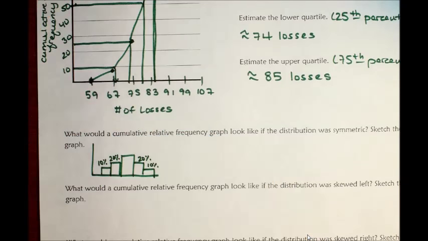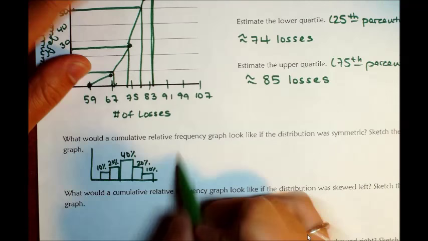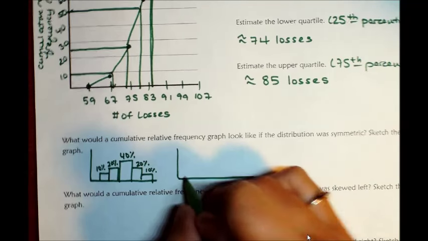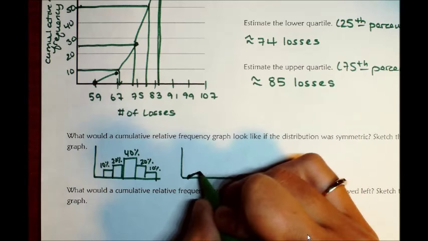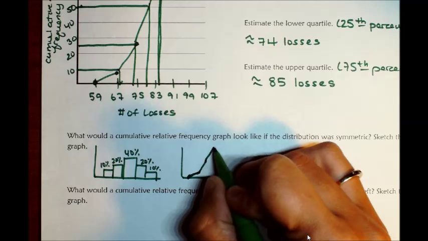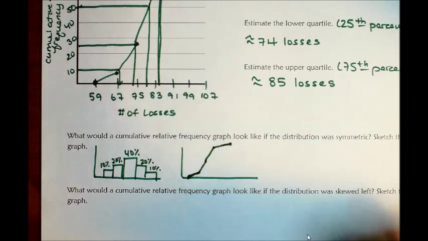So imagine if you were going to make a cumulative relative frequency graph instead, you would go up 10%, then you go up 20%, so a total of 30, and you would go up 40%, so it's getting steeper, and then it would level off. You're going to add another 20, and then another 10. So a symmetric cumulative relative frequency graph would also be symmetric. If you folded it, you would get something that was symmetric as well.